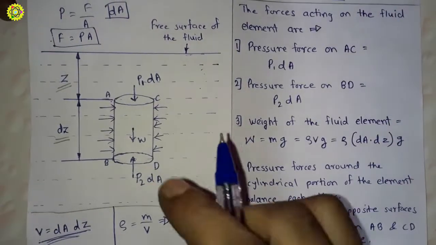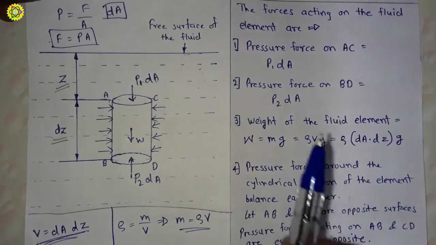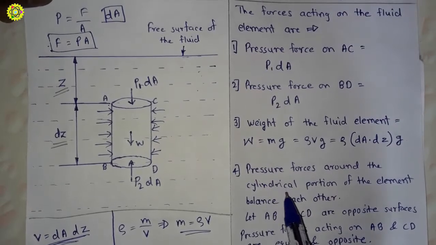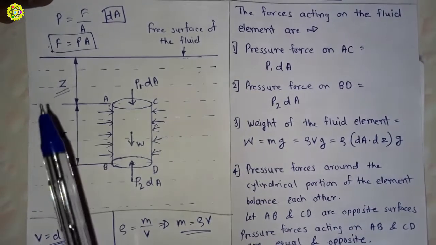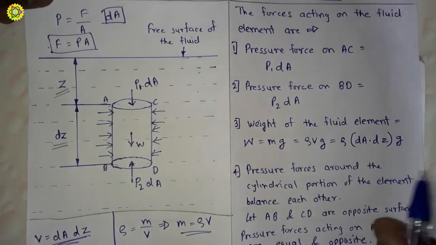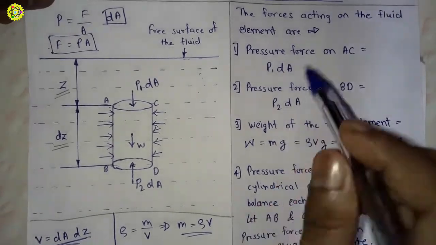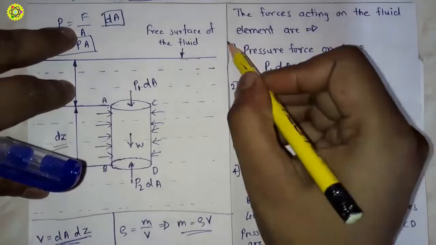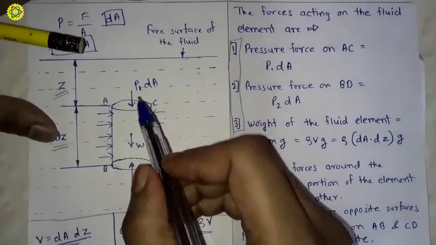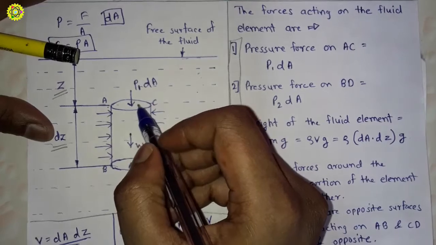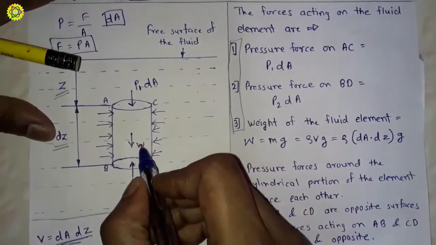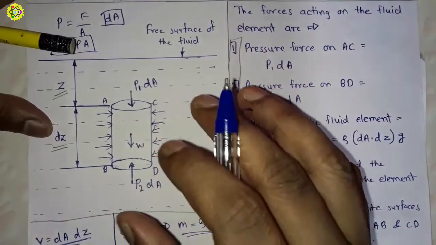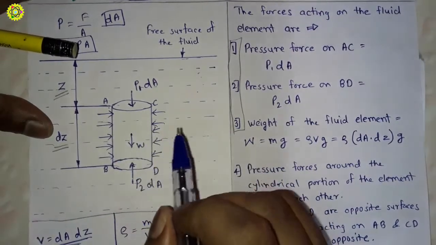Now see here friends, for equilibrium of this fluid element, these forces must be equal. As we know from the fourth point, the forces acting on the periphery, that is the cylindrical portions, balance each other, so there is no problem about that. So we need to consider these three forces. The downward forces, P1 dA and W, must equal P2 dA to keep this fluid element in equilibrium.